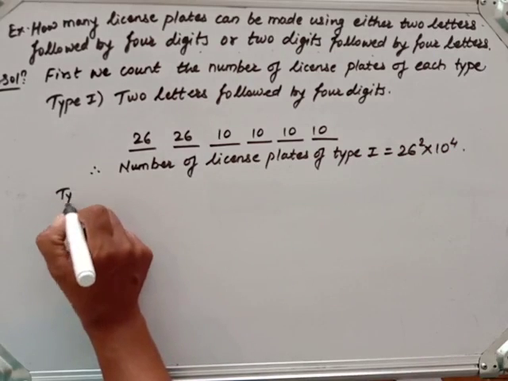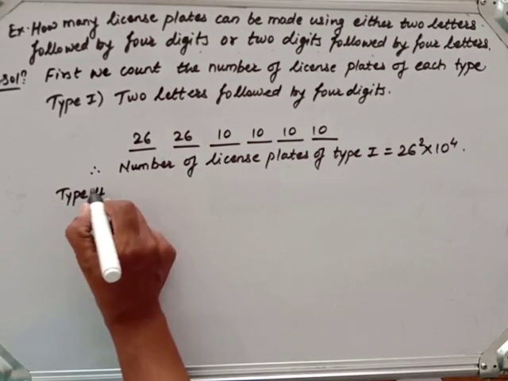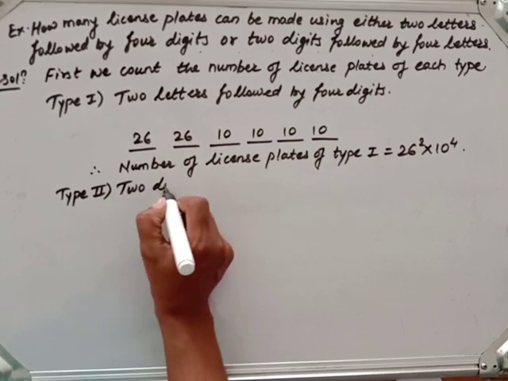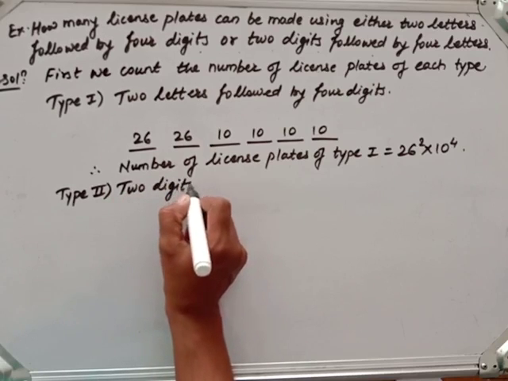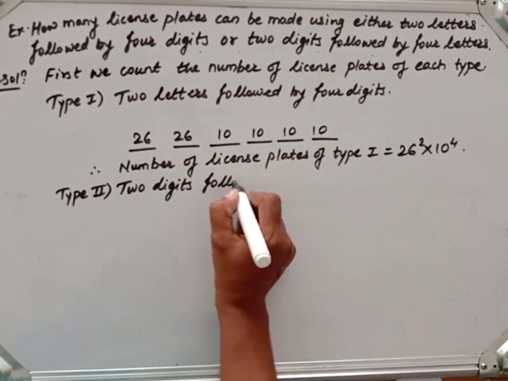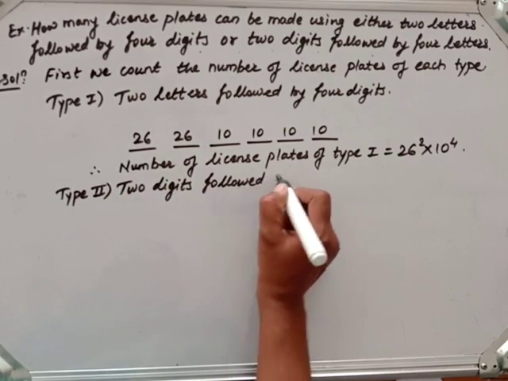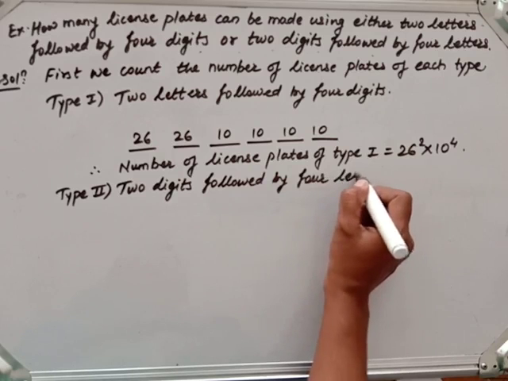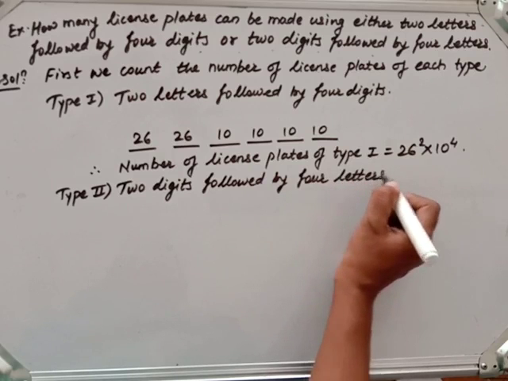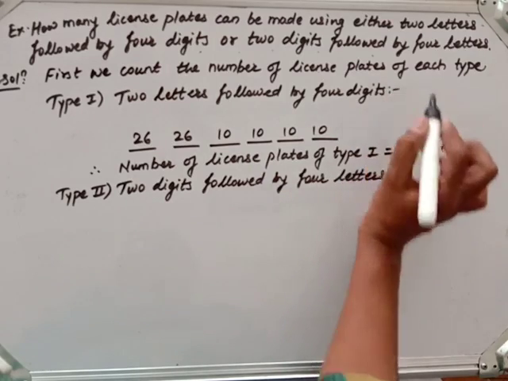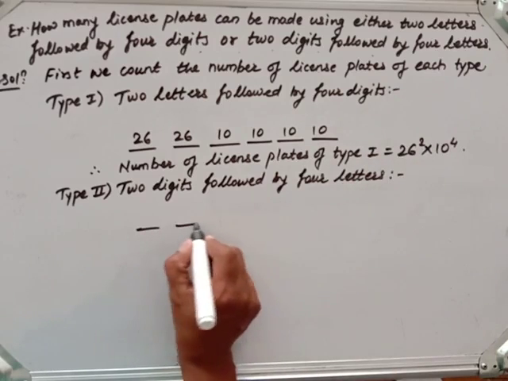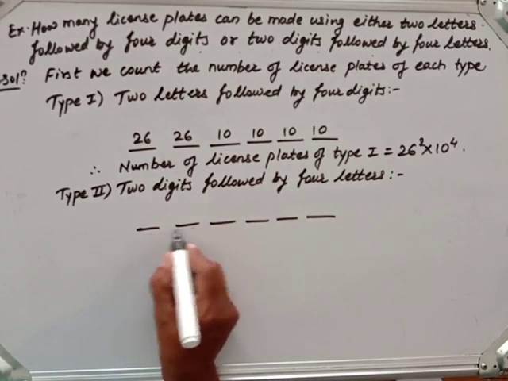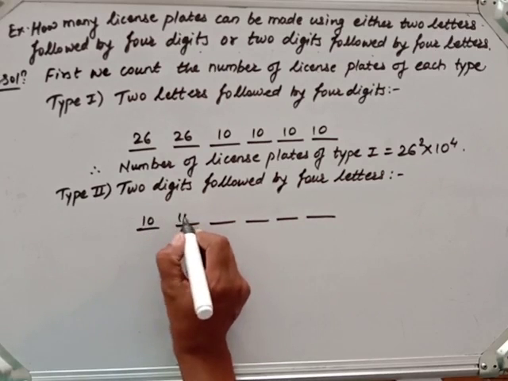Now let us go for type 2. What is type 2? 2 digits followed by 4 letters. Now 2 digits means these 2 places will have 10 choices each.